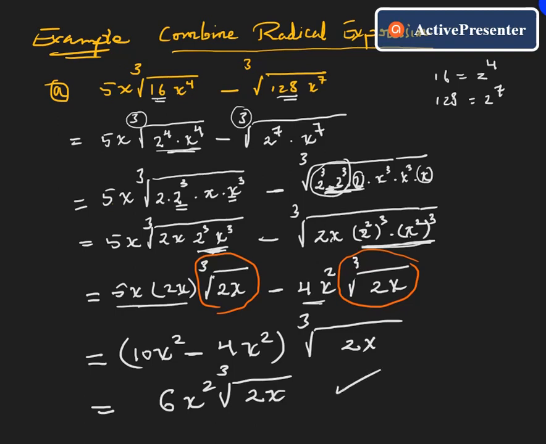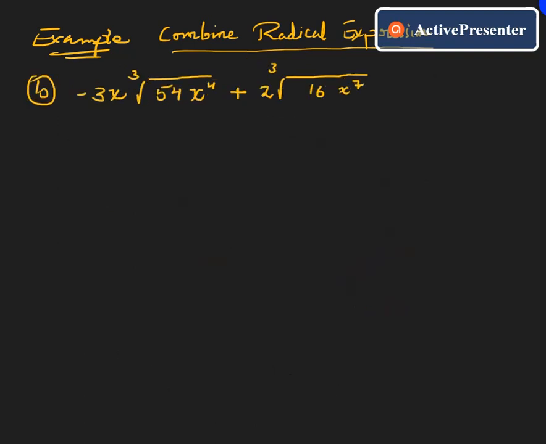Let's take now another example. Minus 3x multiplied in the cubic root of 54x squared plus 2 multiplied in the cubic root of 16x to the power 7. To answer this, let's start by decomposing the numbers.